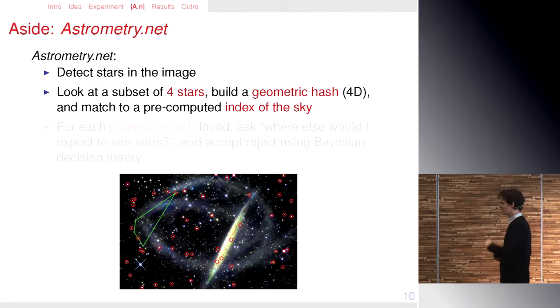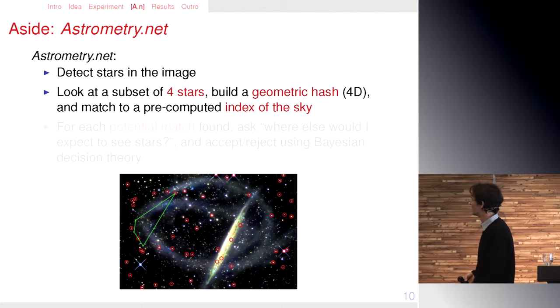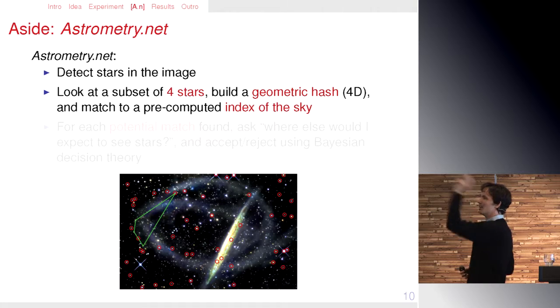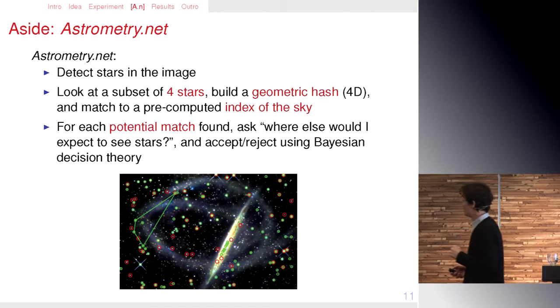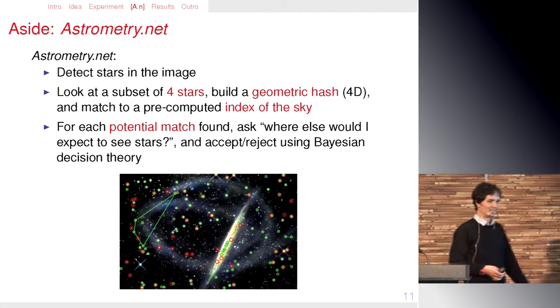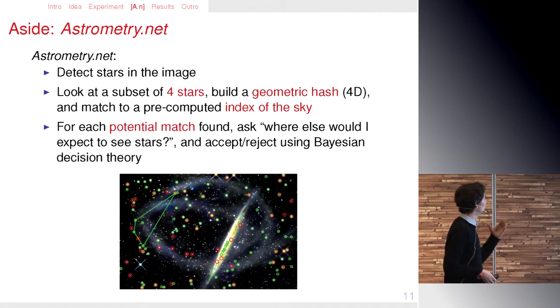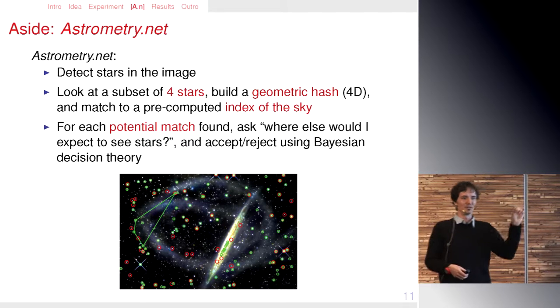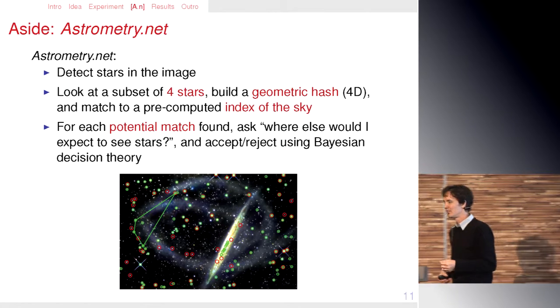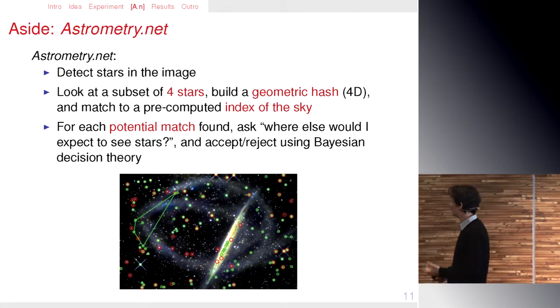So we then look up that hash code in a large index that we've previously built. And that produces a bunch of matches that say those 4 stars could be these 4 on the sky, or these 4 in the sky, and so on. And for each of those matches, we then have to ask, all right, that's a prediction that if this image in fact belongs on that part of the sky, then we should see other stars at a bunch of particular locations. And we can assess how good that prediction is.